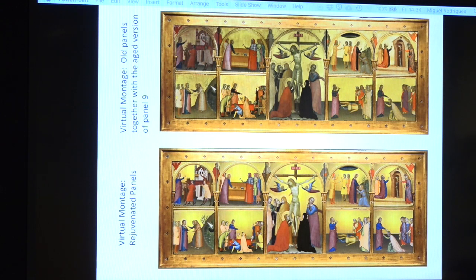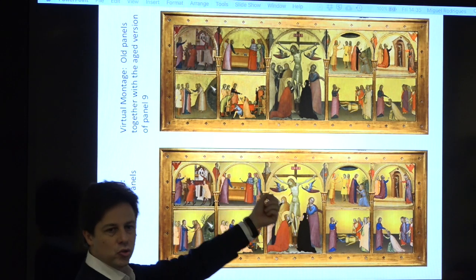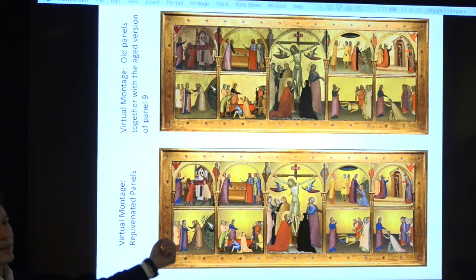So you could go to this museum and be confronted with these two particular versions of the altarpiece. So there was the original version with the different panels, the exact panels, but beside you had this montage which included, say, the aged version of the new panel, as well as another montage, virtual one, or a picture of this virtual montage that included the new versions of the unaged versions of this particular piece.